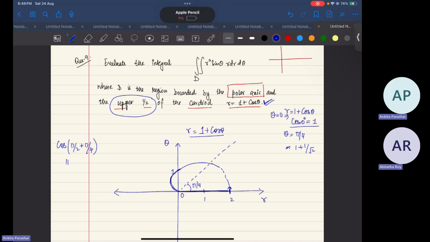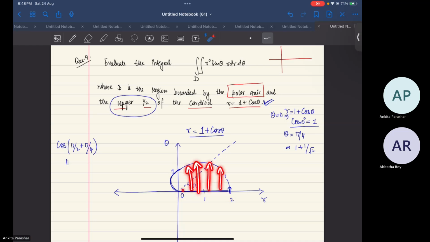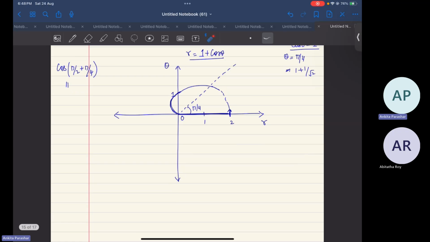So this whole angle is from 0 to pi, and r is of course from 0 to this graph, and therefore the limit is 0 to 1 plus cos theta. Theta is from 0 to pi, and whatever the function you have, dr d theta.